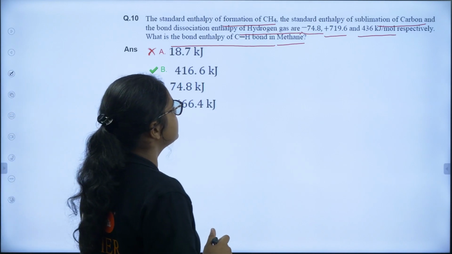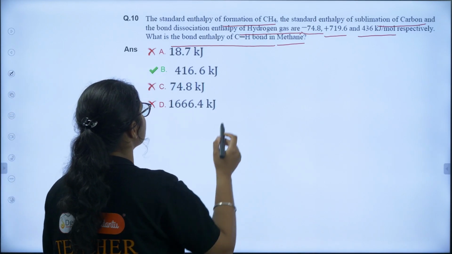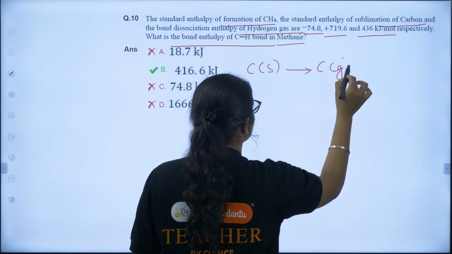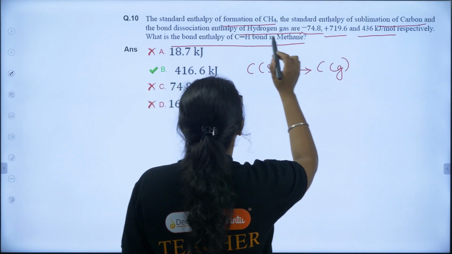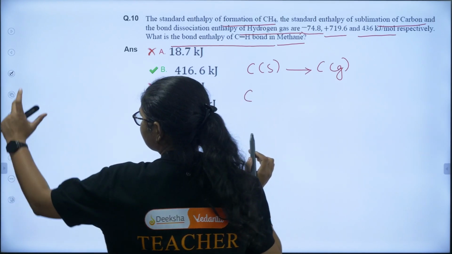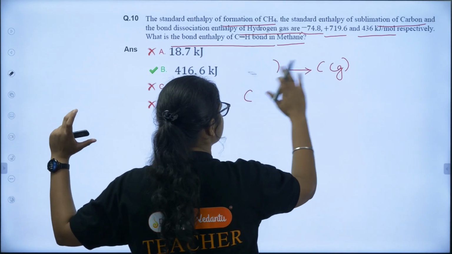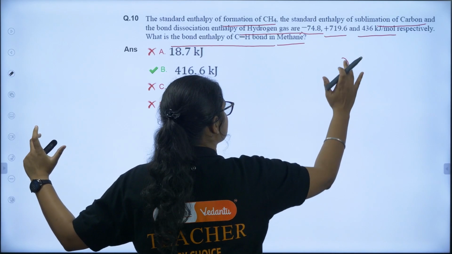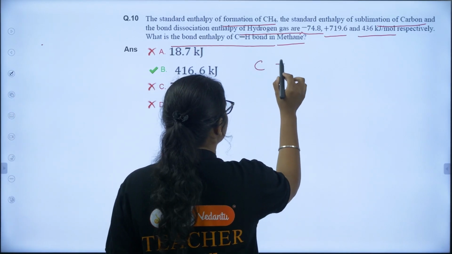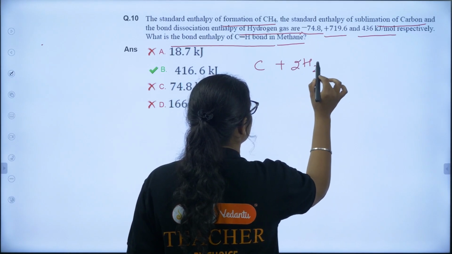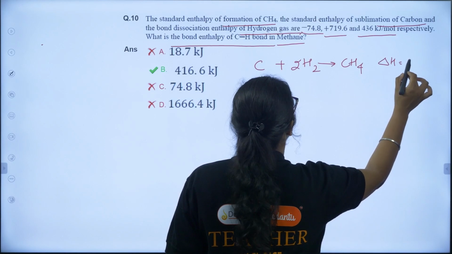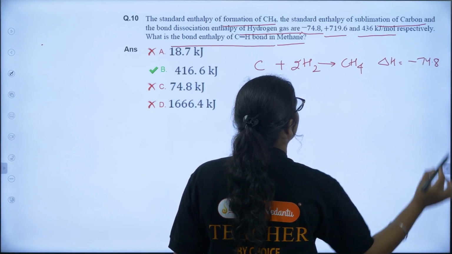So first one given is sublimation of carbon, that means carbon solid to carbon gas. The first one is enthalpy of formation of CH4. So C plus 2H2 will give you CH4, and the value here is minus 74.8.